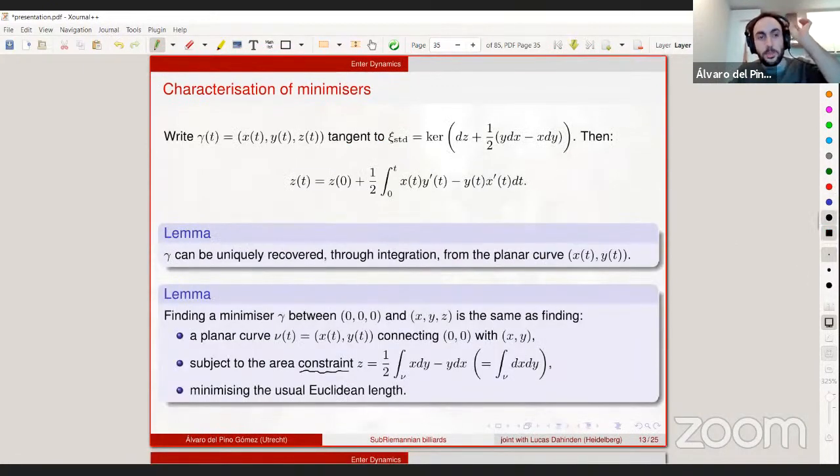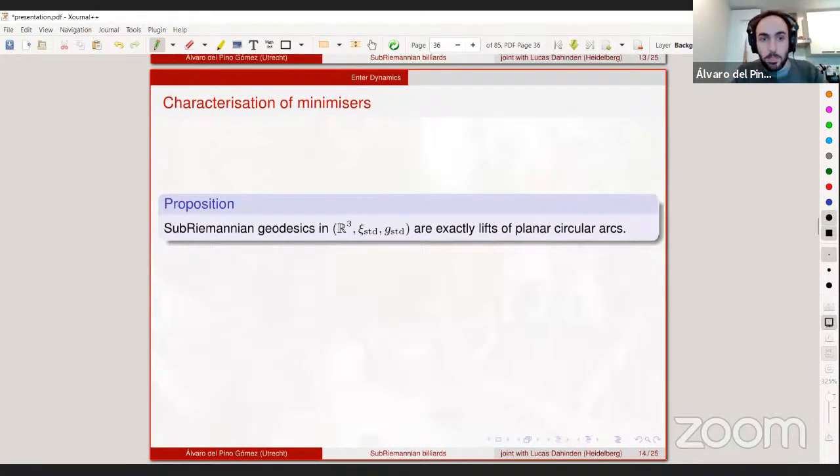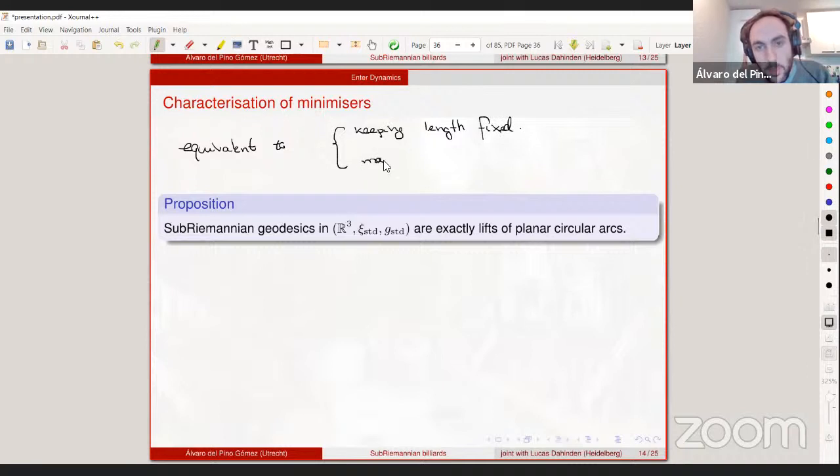So let's see. What is the punchline? As I was saying, I want to use this to characterize minimizers. And what I'm saying is that it's the same to say I want to have a given height. It's kind of an equivalent problem. So this is equivalent to keeping, let me write it first, length fixed, but maximizing area.